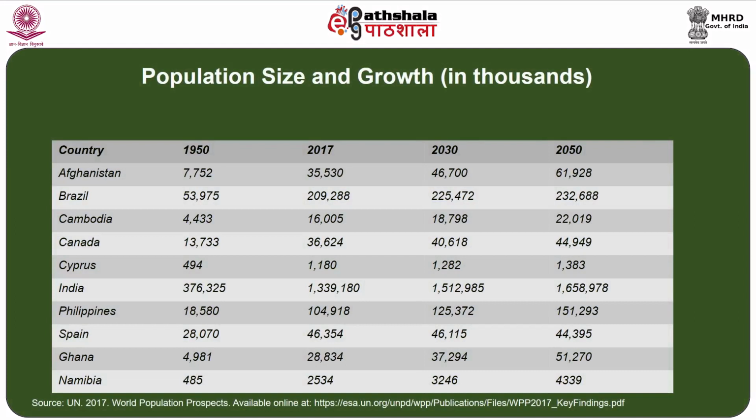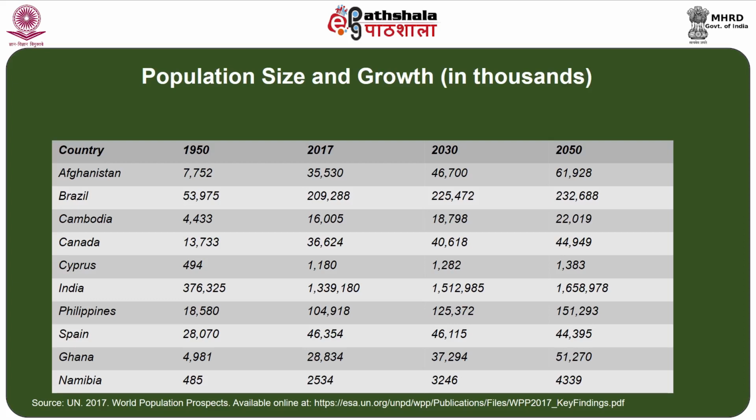The population size and its growth have been presented in the table for the years 1950, 2017 and projected figures for 2030, given in terms of thousands. Some countries with different population sizes over a range are given in the table and their growth can be traced accordingly.